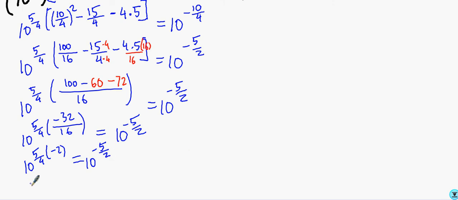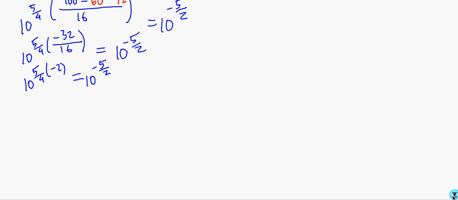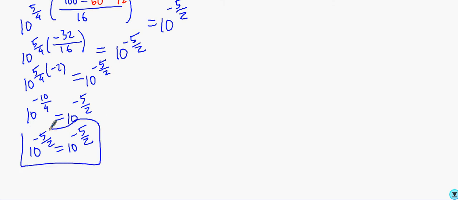Now we have 10 to the negative 10 over 4 equals 10 to the negative 5 over 2. And negative 10 over 4 can be reduced, so we have 10 to the negative 5 over 2 equals 10 to the negative 5 over 2. So the first solution works, and you can feel free to go ahead and try the second and third solution to see if it really works.